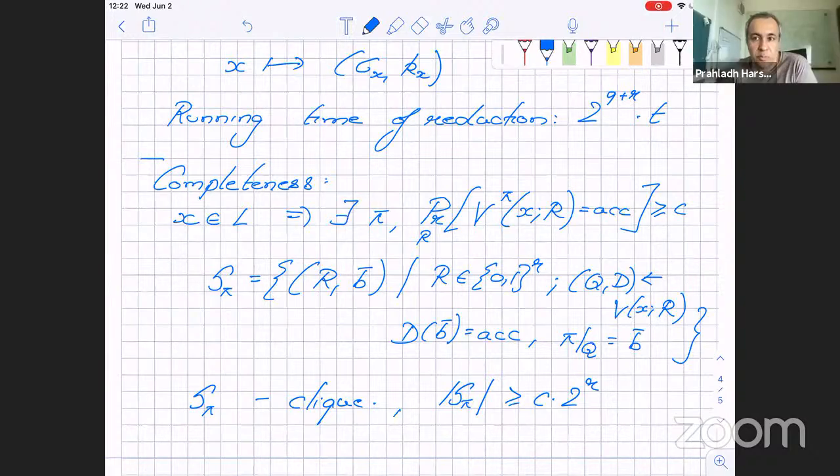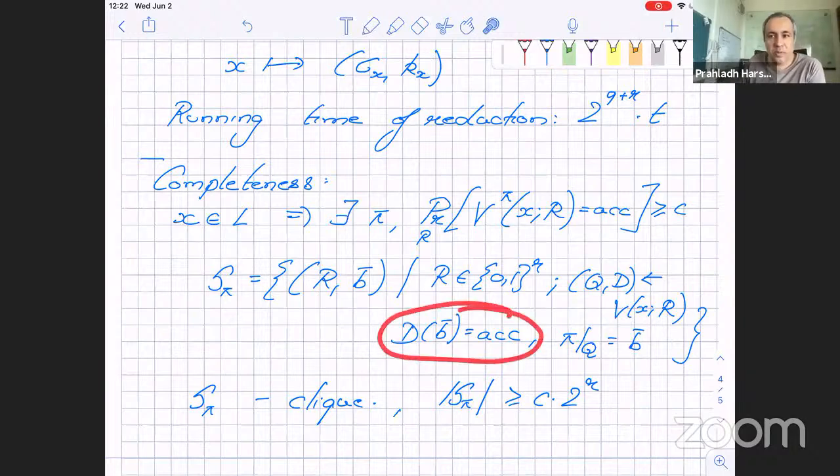When pi is restricted to Q, it should be equal to B. Yes, I'm only picking that B. And this B should also satisfy the predicate, whatever predicate the verifier is testing. So like in the clause case, those 3 bits should be a satisfying assignment to the predicate.